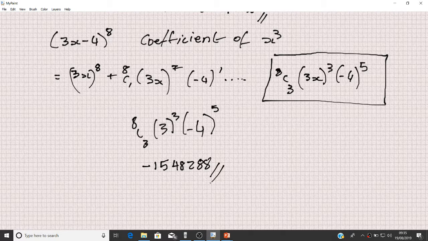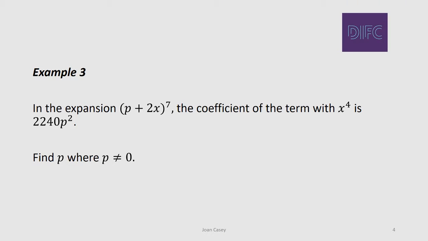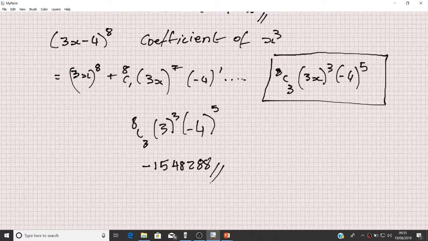And we'll move to the final example now. The final example is in the expansion (p + 2x) raised to the power of 7, the coefficient of the term with x to the power of 4 is 2,240 p squared. So we're required to find p where p is not equal to 0. Okay, so we'll just note the problem.